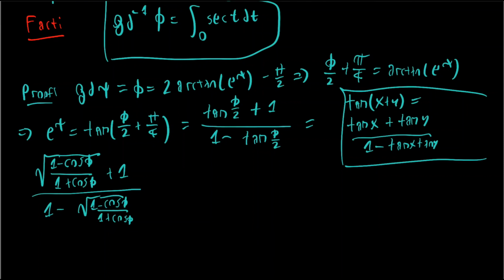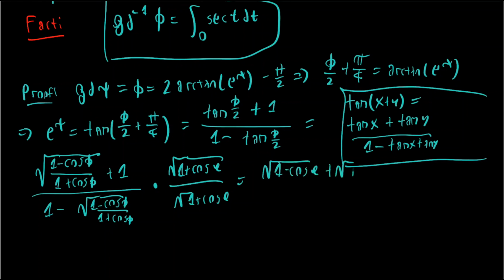And now by multiplying all of this by the square root of 1 plus the cosine of phi over itself, which is just 1, we get the square root of 1 minus cosine phi plus the square root of 1 plus cosine phi, over the square root of 1 plus the cosine of phi minus the square root of 1 minus the cosine of phi.